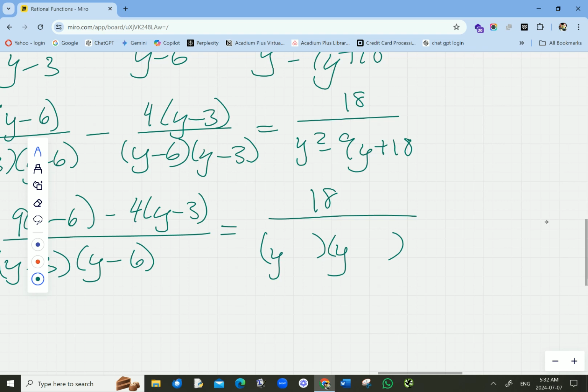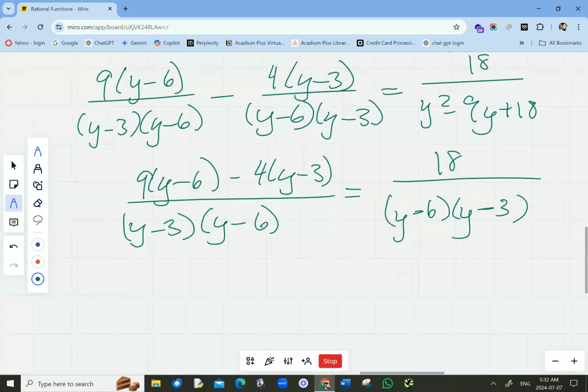Let's try 3 and 6. y times y is y squared. y times negative 3 is negative 3y, minus 6y gives us negative 9y, and negative 6 times negative 3 is positive 18. So that factors nicely, and it's the same as the denominator on the left-hand side. That's very handy.